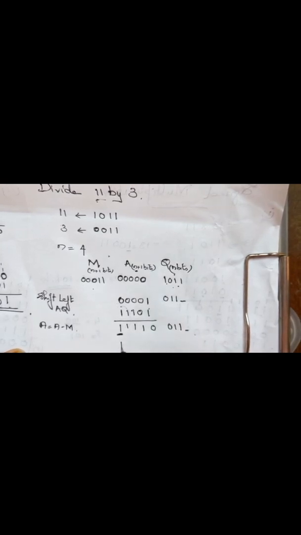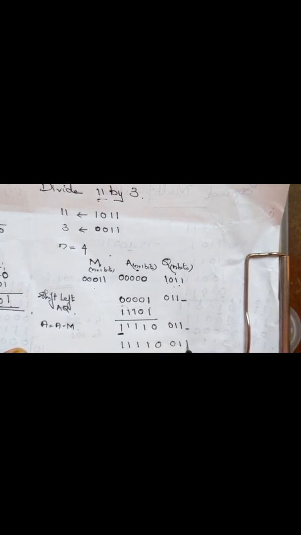So this can be made as 0 1 1 0. So setting the 0th bit of the Q register as 0 is the first step. Set Q0 to 0.